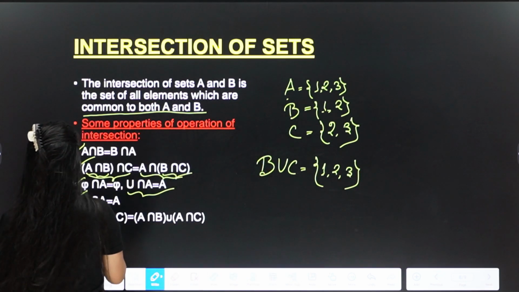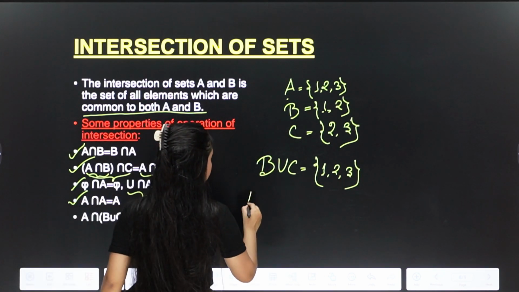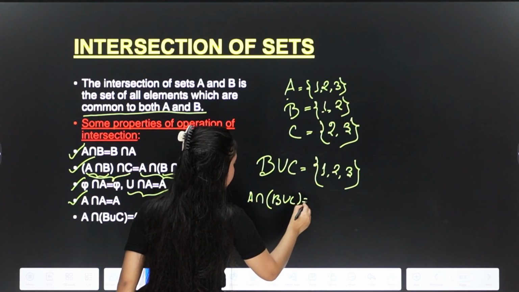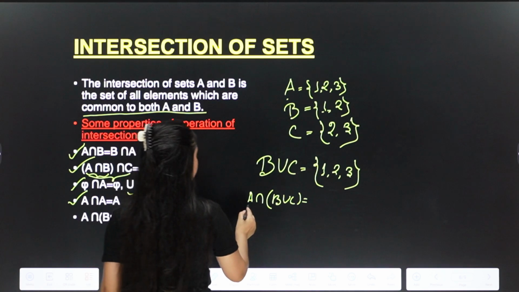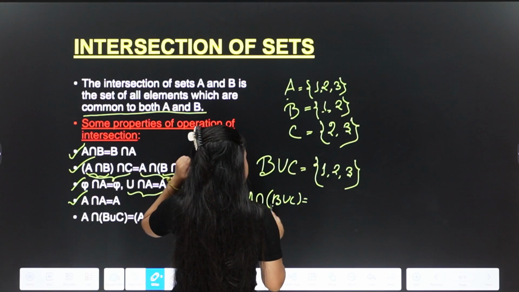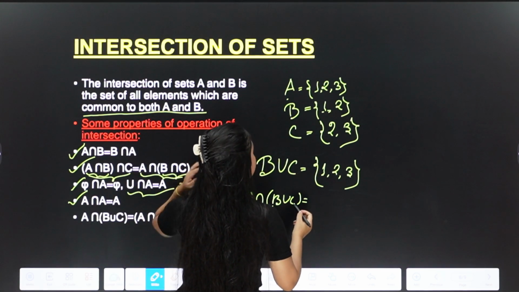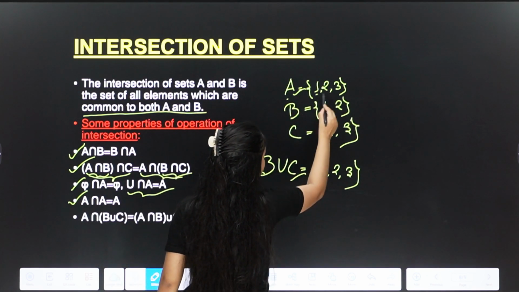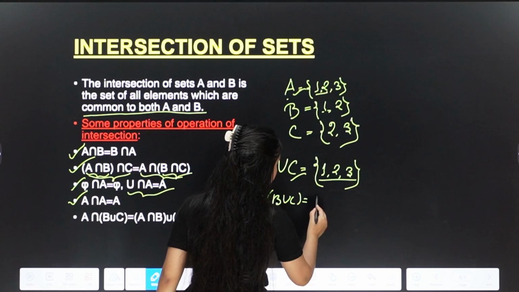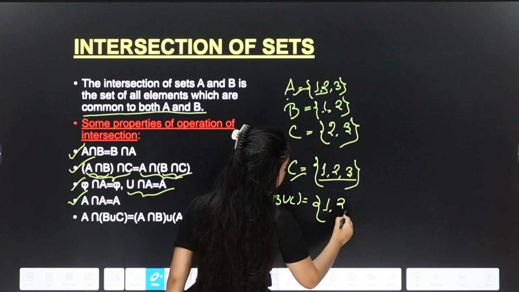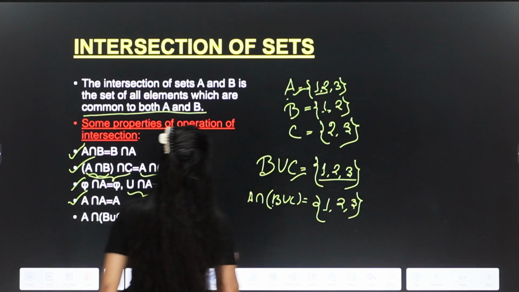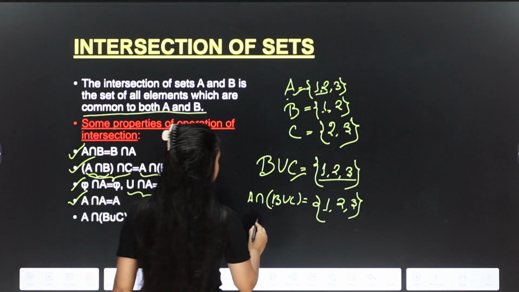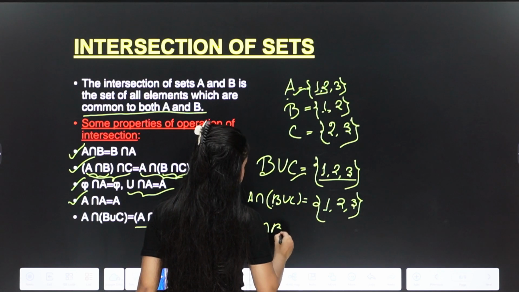Then we will find A intersection B union C. So A intersection B union C is the common element present in both A and B union C. So what is the element present in this set and this set? That is 1, 2, 3. Then we will solve the right hand side, that is A intersection B. So what is A intersection B?